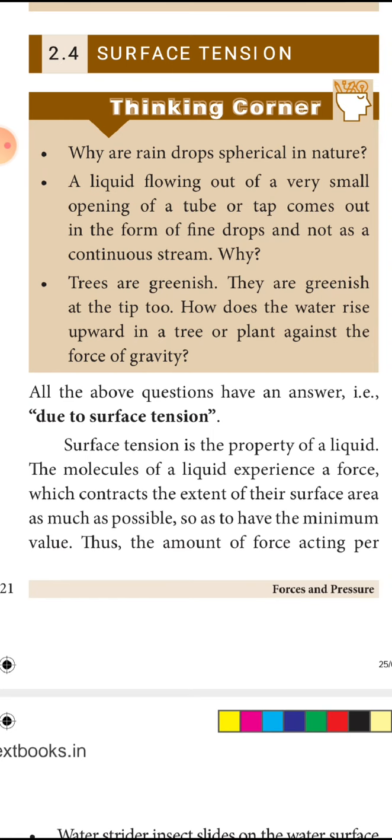Surface tension is the property of a liquid. The molecules of a liquid experience a force which contracts the extent of their surface area as much as possible, so as to have the minimum value.